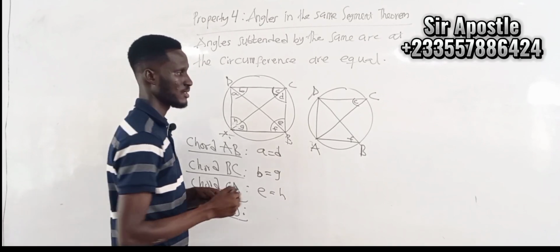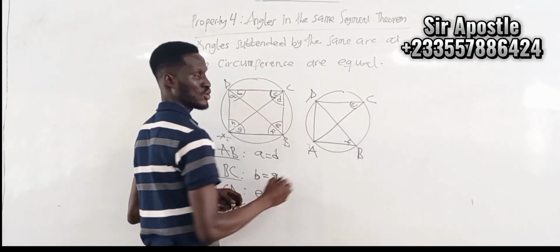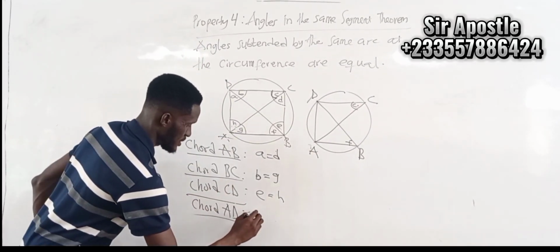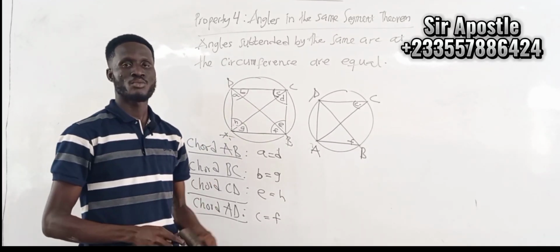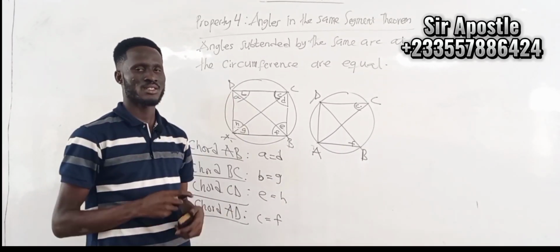So what are we saying? These two angles are also the same. So it means C is the same as what? F. Yes. And this is what you have to be able to identify in all the questions you solve.